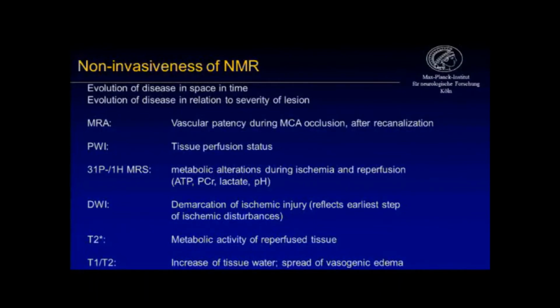T2 star weighted MRI indirectly can tell you something about the metabolic activity, about oxygenation of the tissue. And then finally, of course, relaxation techniques will tell you something about tissue water, vasogenic edema, and various pathological events taking place.